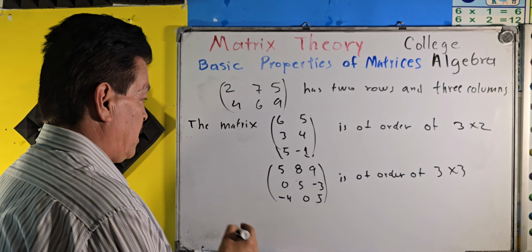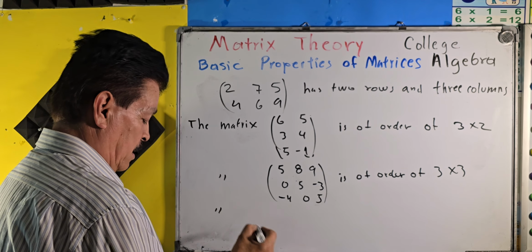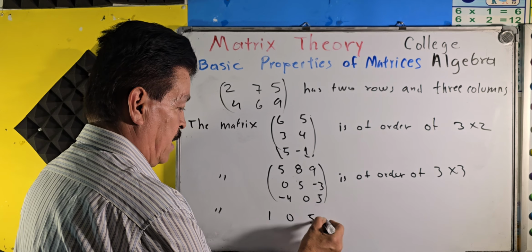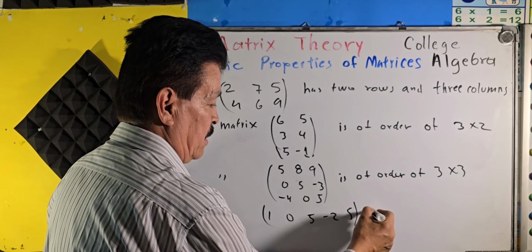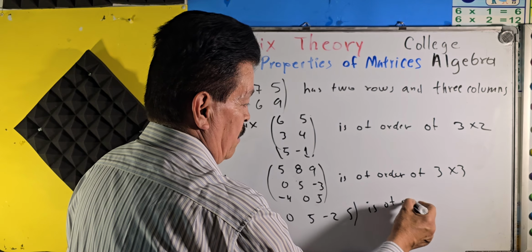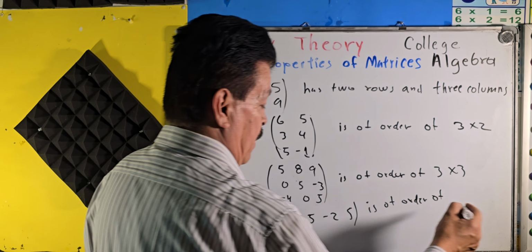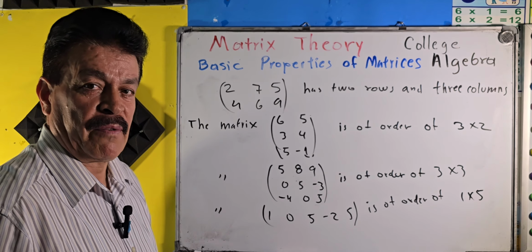Let me write another example: 1, 0, 5, -2, and then 5. This matrix is of order 1 by 5.